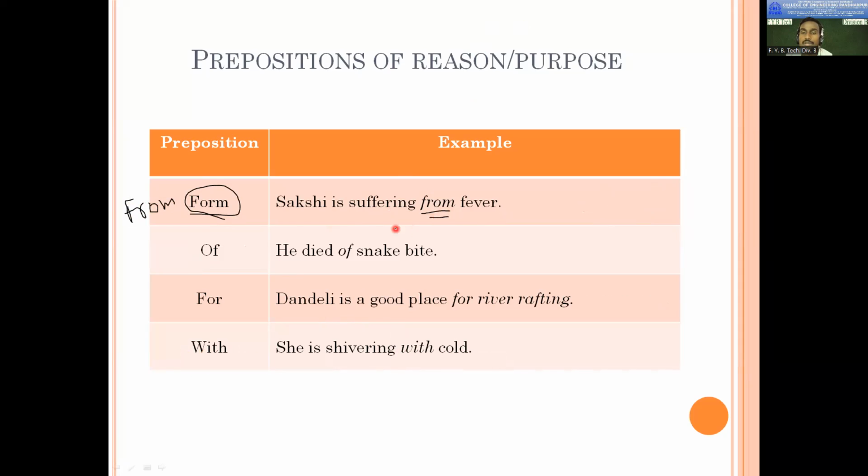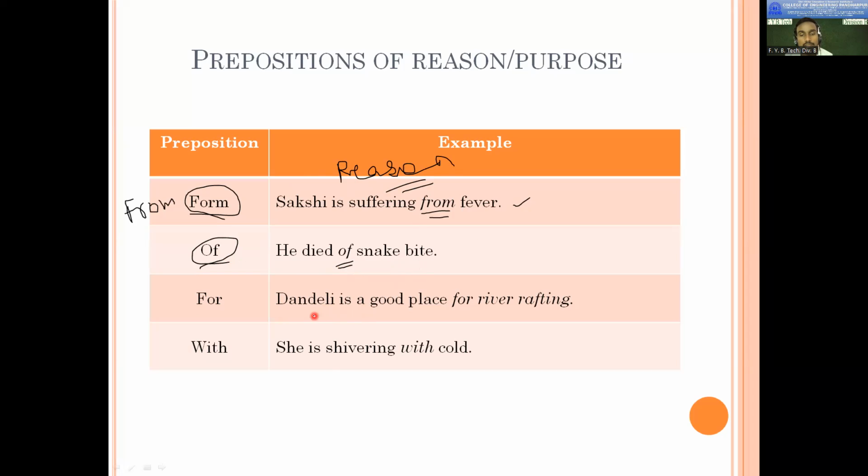Okay, so here when you see from fever, that is giving us the meaning because of something. Then next is of. Here he died of snake bite. Because of what? So here all these are talking about reason. So these prepositions are explaining reason to us. Okay, so he died of snake bite.